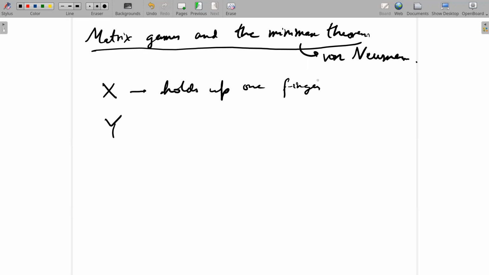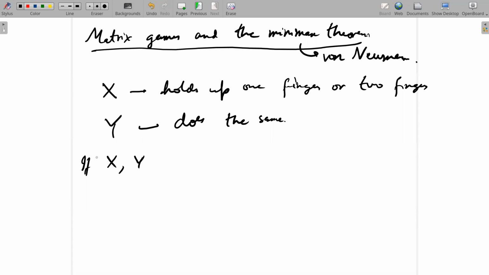So there is a judge who is figuring out how many fingers each of them has lifted. X holds up one finger or two fingers, and Y does the same. Now after they have lifted, they can see what the other has done, but while doing that, they cannot see what the other is doing. Or you can just say they do it simultaneously.